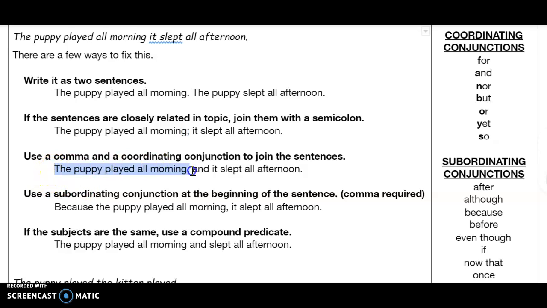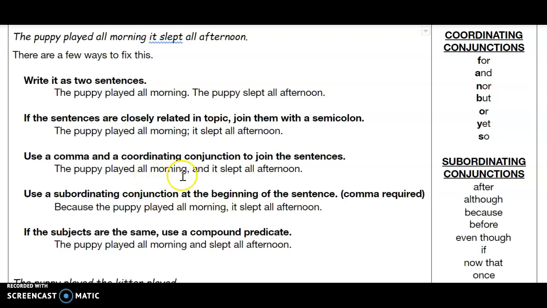So the puppy played all morning, comma, and it slept all afternoon. Comma, and. And is our coordinating conjunction, and it needs a comma before it. There's a couple mistakes I see with this. One, I see some people put the comma after the conjunction, and comma. That is incorrect.